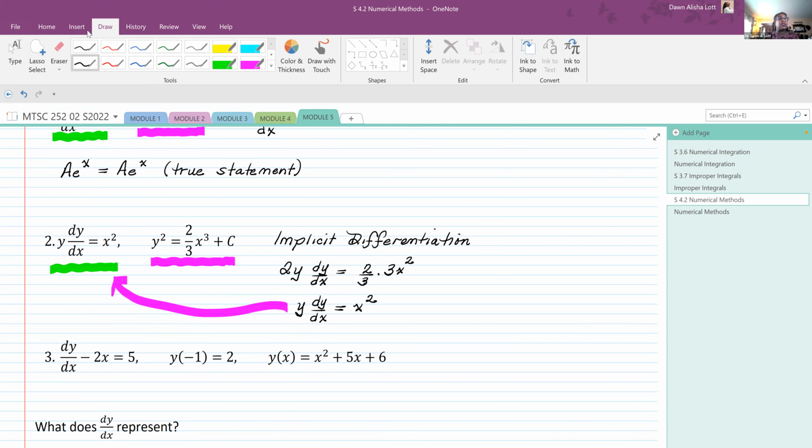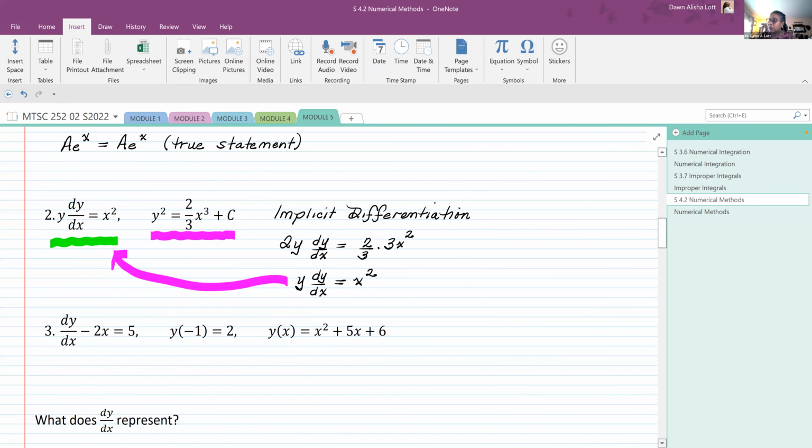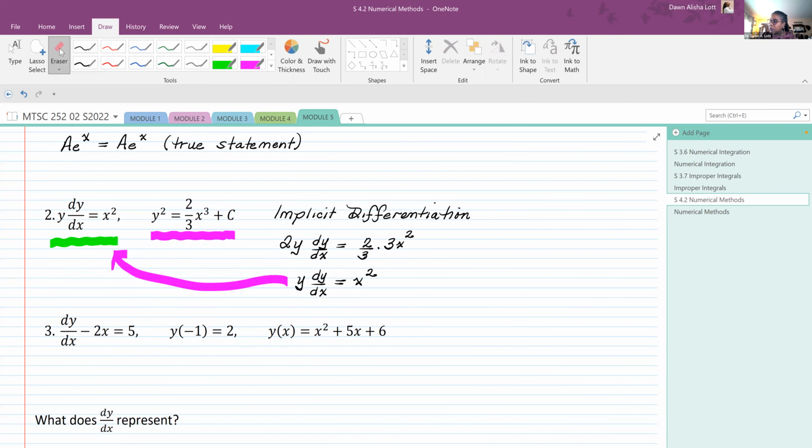And for this last one, this one is actually rather easy. Here's the differential equation, and I claim this is the solution to the differential equation that satisfies y of -1 is equal to 2.